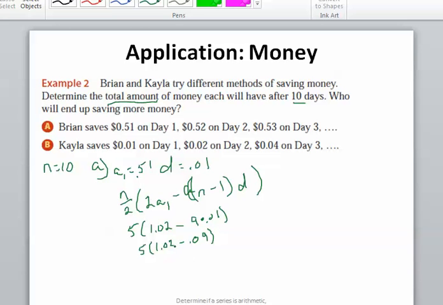Let's see here. If we subtract 10 cents from it, we get 92, so it'd be 93. So it's 5 times 0.93. And what we're going to get when we do that is $4.65. So let's look at B.